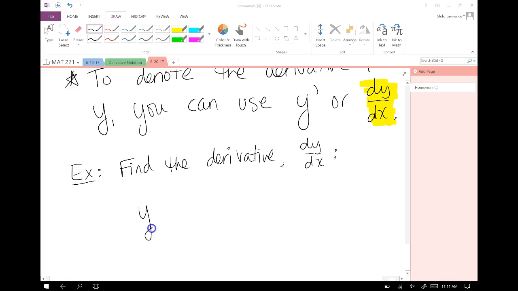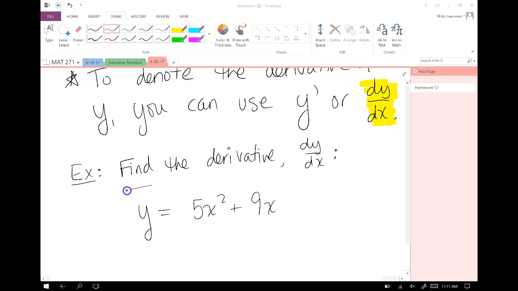And we're given y equals 5x squared plus 9x. The y is all by itself. So to go through and take the derivative of everything and come up with dy dx is going to be easy.